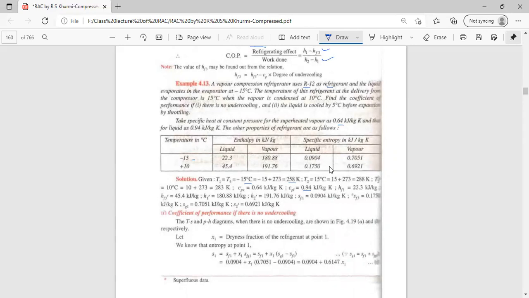So this is the specific heat when the vapor is in the superheated region, and this is the specific heat when it is in the liquid state.